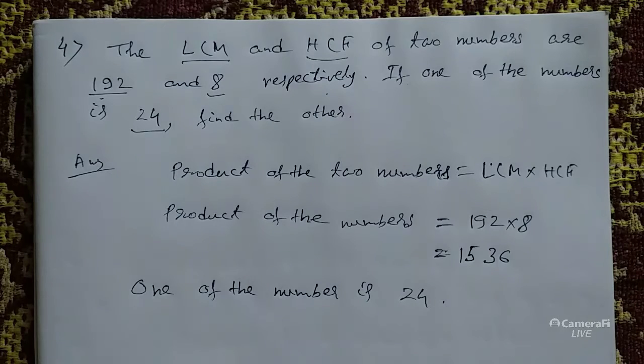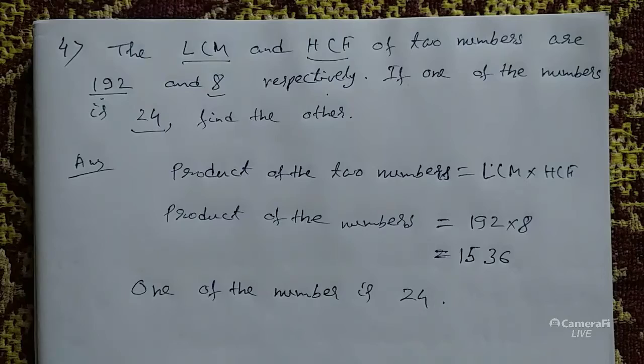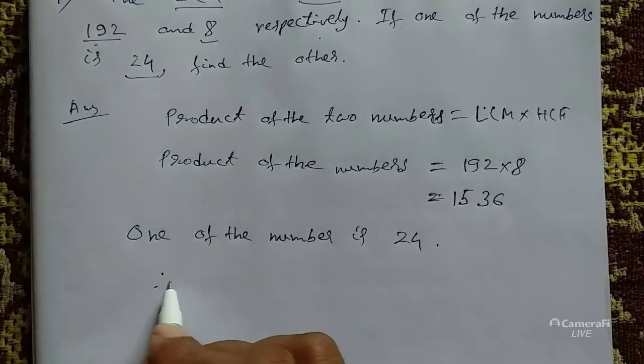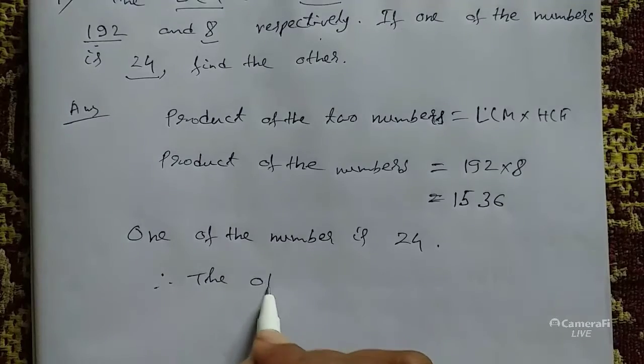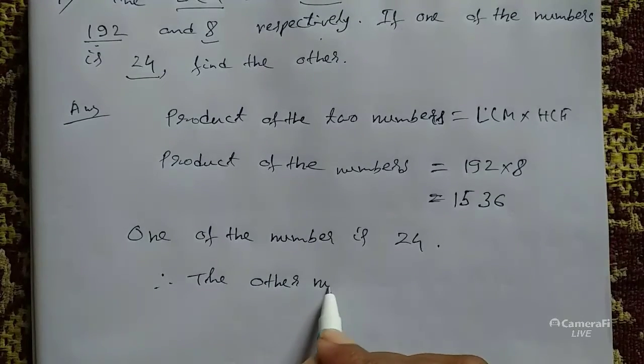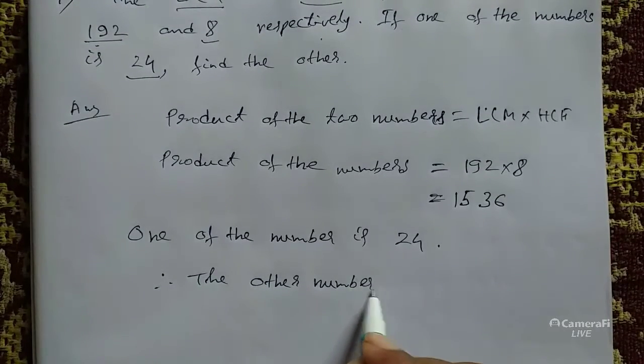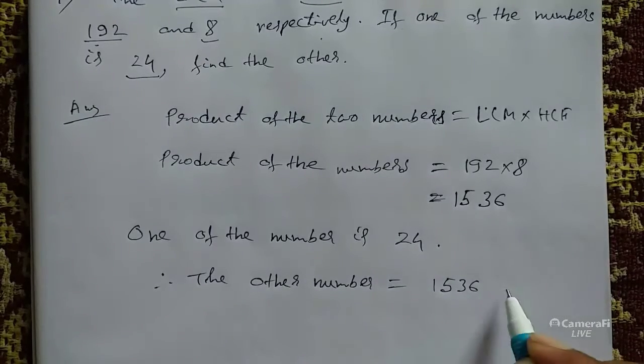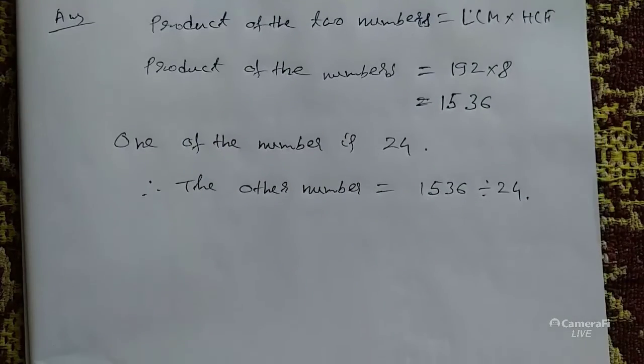So the product of the two numbers is given, and one of the numbers is given. To find the other number we have to divide, therefore the other number is the product divided by 24. Let us divide it.